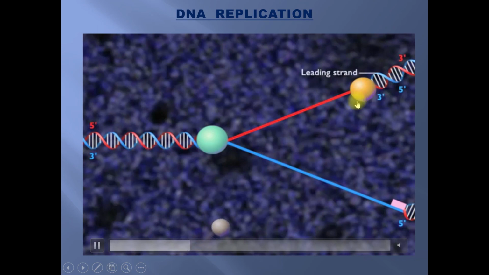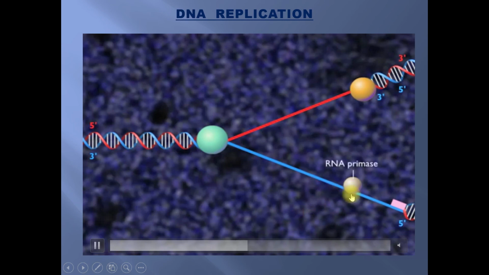But the other blue parental strand, here you see, is the lagging strand, and the polymerase doesn't directly attach the nucleotides. Here the RNA primase is an enzyme which leaves an RNA primer, which initiates the process.